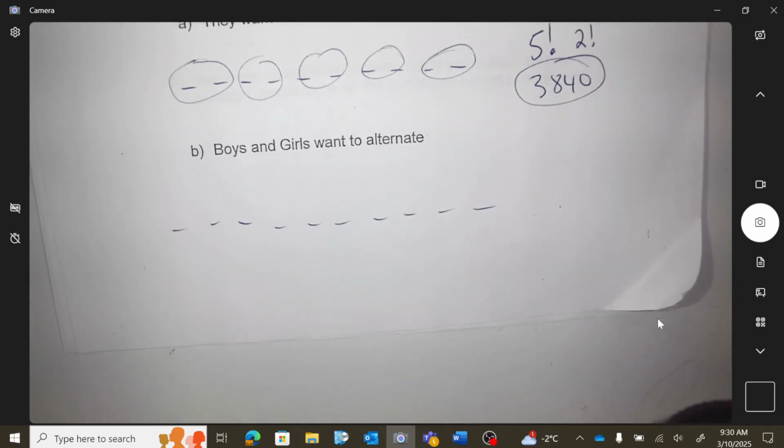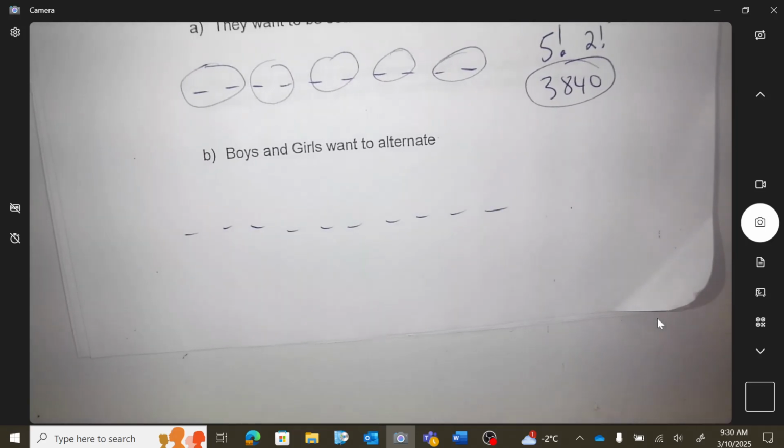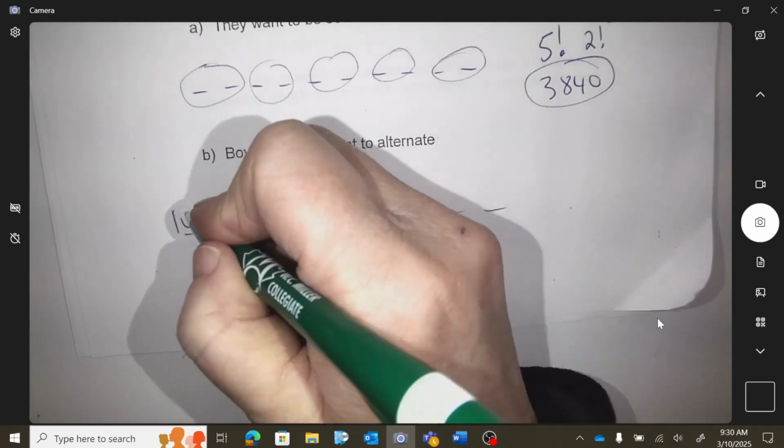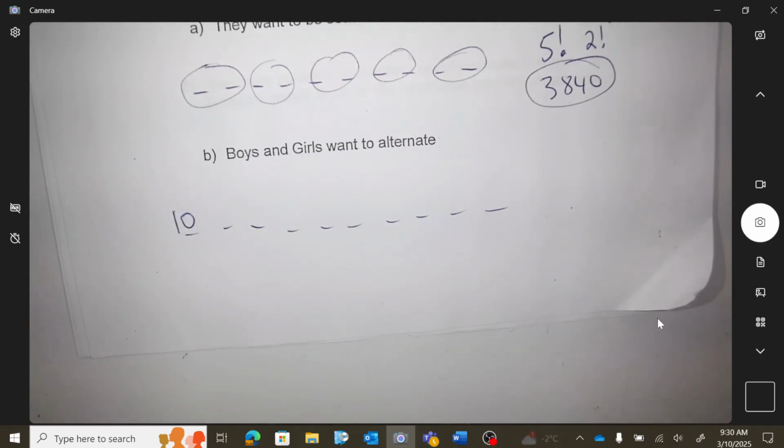Okay, this time they want to alternate. So I have my 10 positions. So how many options would I have to put somebody down into the first spot? I could put anybody I wanted there. 10. Okay, so now you have to pretend like you put somebody there. So just make something up, like I put a boy there.